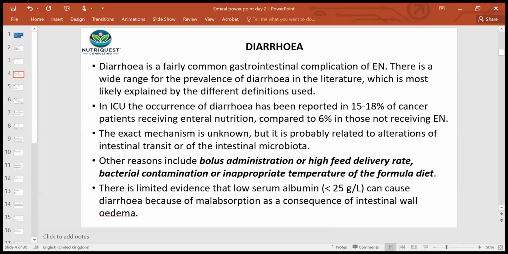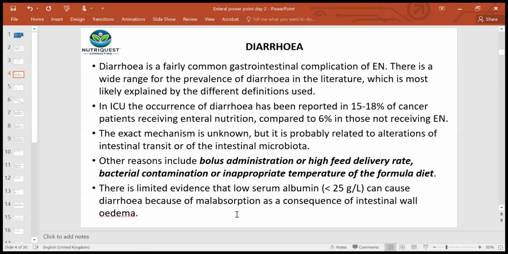Compared to other types of diarrhea, for enteral feeding the definitions have always been different. For instance, if you are having diarrhea due to a cholera outbreak or anything, the definition will be different from the one that we see for enteral feeds. So diarrhea is one of the commonest complications of enteral feeding, and we look into it in detail.